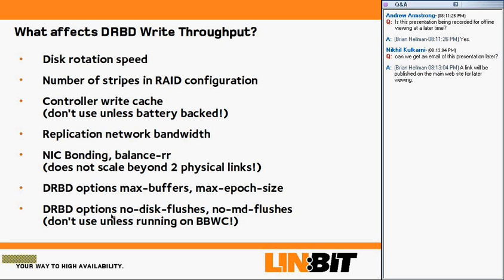We have a comparatively slow disk subsystem capable of pulling just about 70 to 80 megabytes per second. Now that would be fast for a single disk, but it's actually kind of slow for a reasonably recent RAID subsystem. So comparatively slow I/O subsystem there with 70, 80 megabytes per second, and we have a fast replication network which pulls about 110 to 115 megabytes per second, which is typical of gigabit Ethernet.